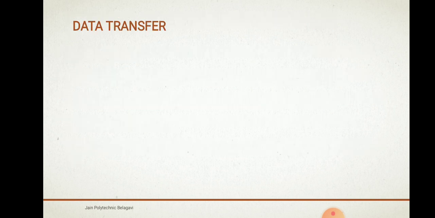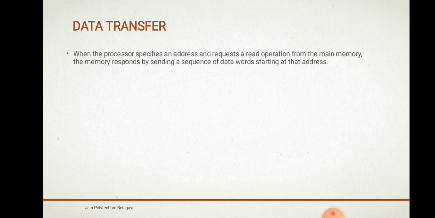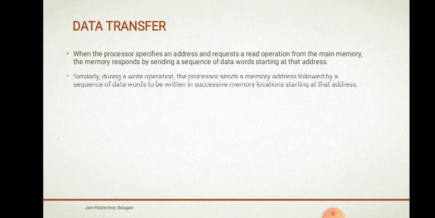Now, how does data transfer take place in the PCI bus? When the processor specifies an address and requests a read operation from the main memory, the main memory will respond by sending a sequence of data words starting at that address.